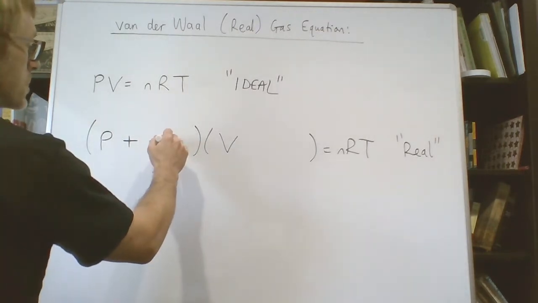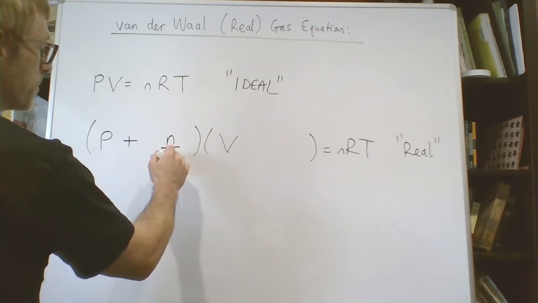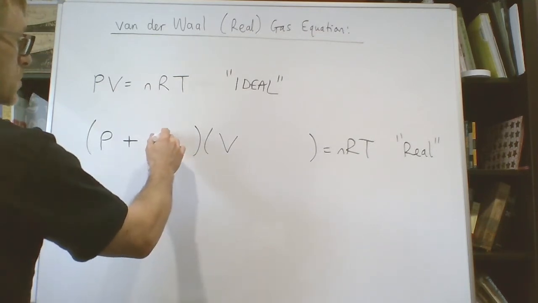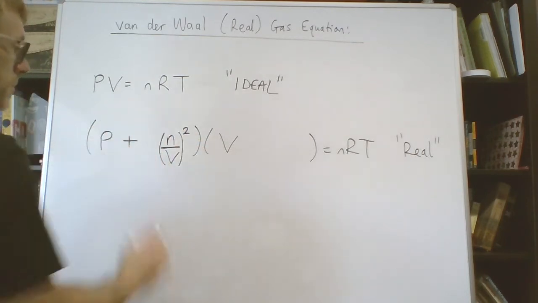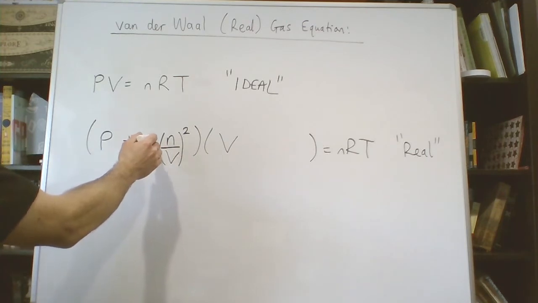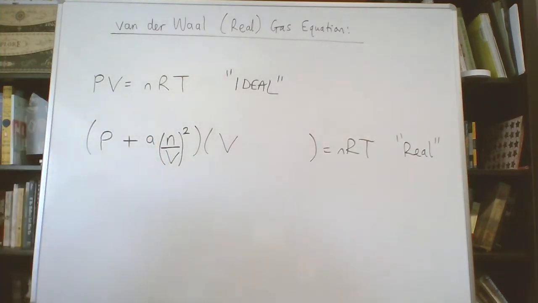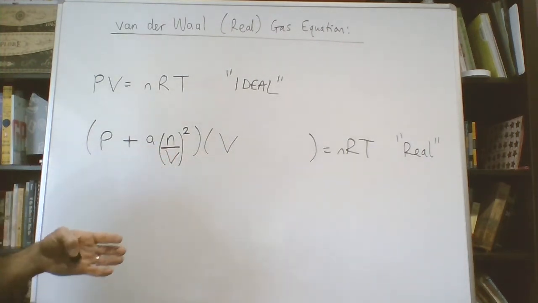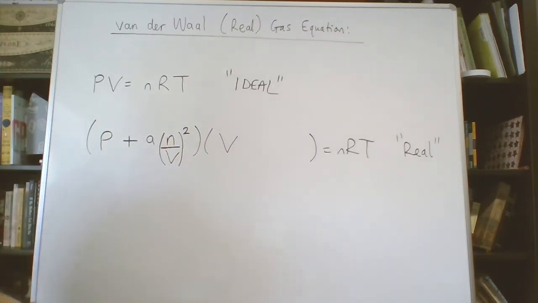Concentration, we know, is moles per unit volume. So concentration squared is moles per unit volume squared. And the constant of proportionality is called A. We'll see shortly where the concentration squared factor comes from.